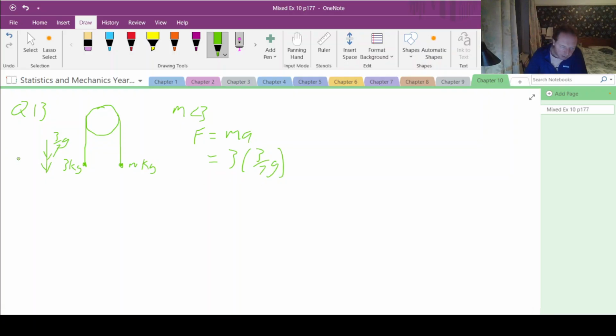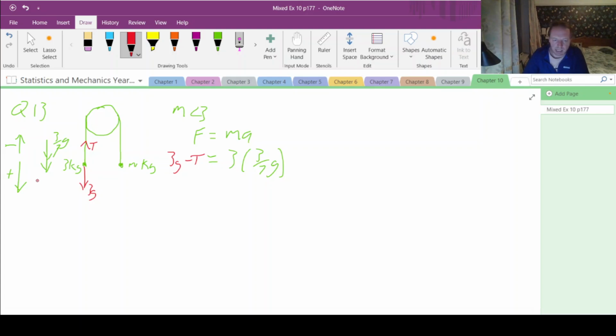Now, if I've done that, that would suggest that this direction is plus and this direction is negative, which is different to the way I set up question 12, but doesn't make any difference. What are the forces I've got going on here? I've got a tension force in the string, and I've got a 3g force in the weight of the object. So 3g minus T, because plus is coming down, minus going up.